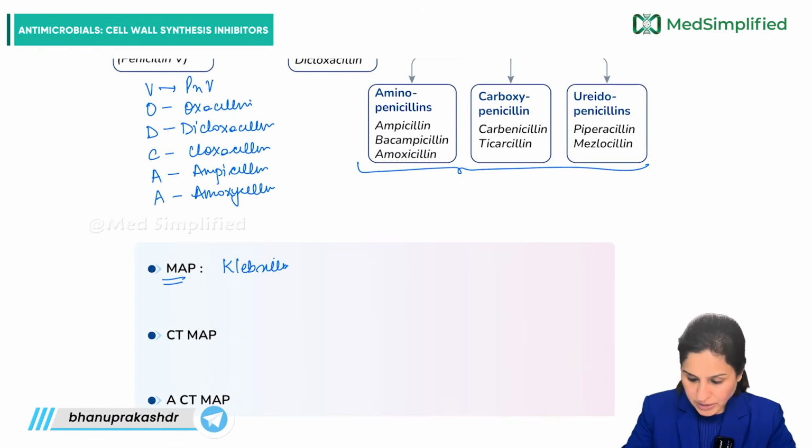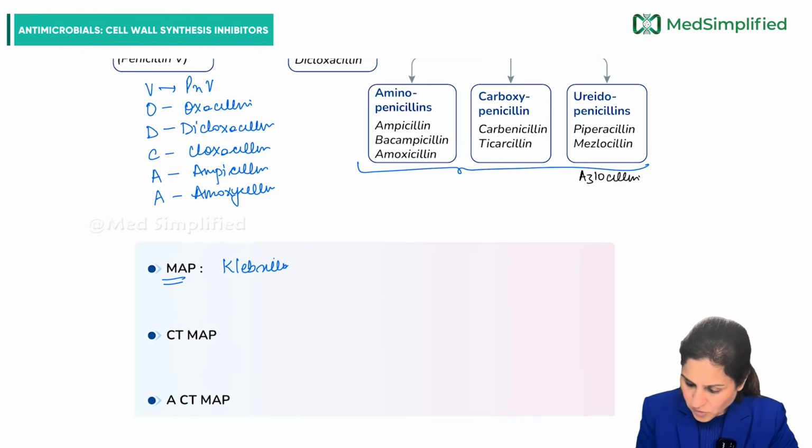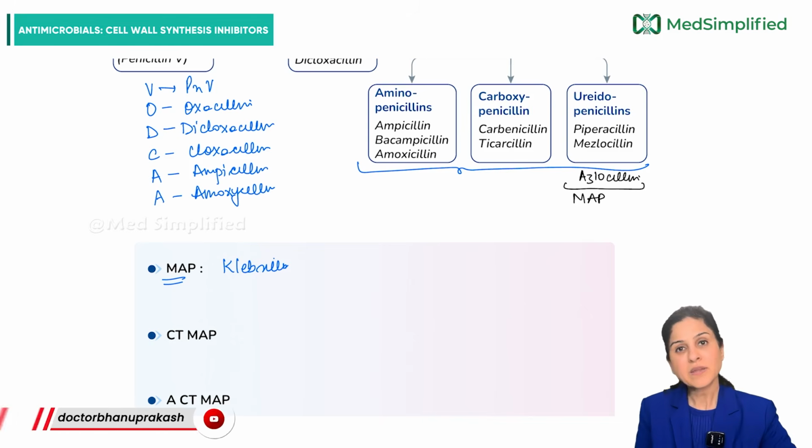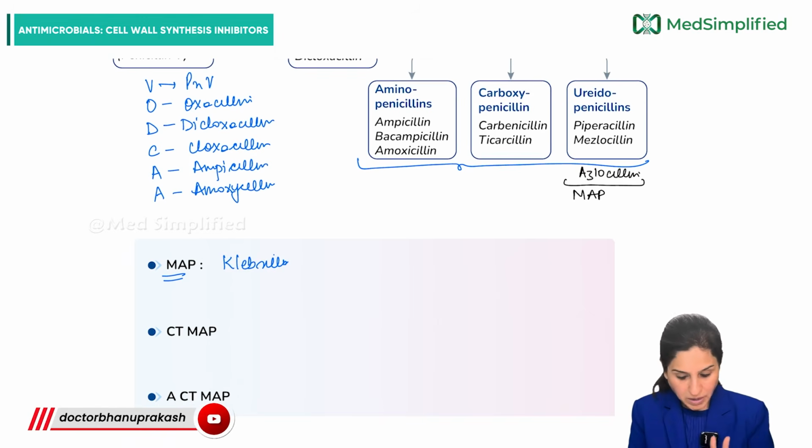In the ureidopenicillins, we have piperacillin, mezlocillin, and also you can add another one, azlocillin. So MAP: M-A-P. These 3 drugs are effective against Klebsiella.